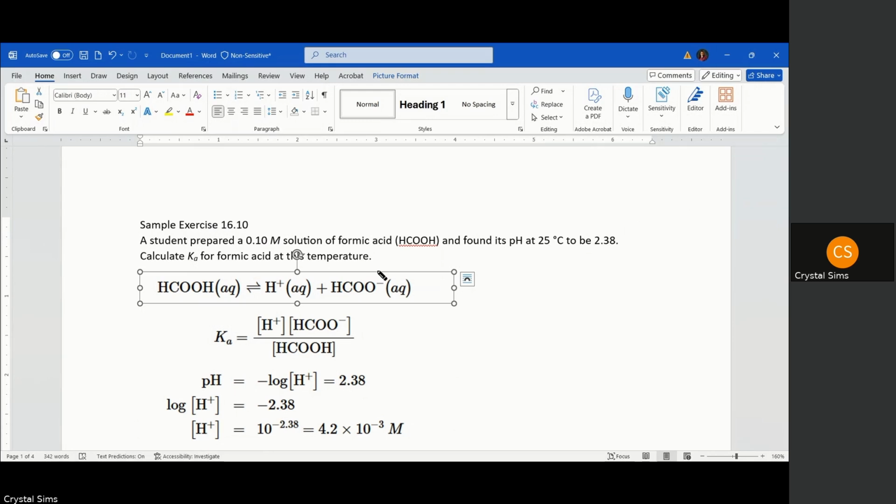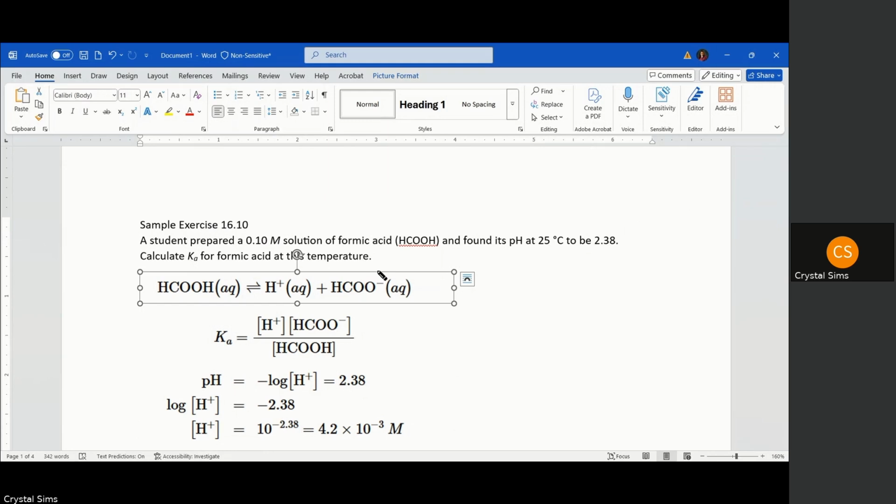So when we set up our acid dissociation constant, this is very similar to what we were looking at with our equilibrium constant, where our products are going to go on the top and our reactant on the bottom. And just as a refresher, the brackets, of course, refer to concentration.